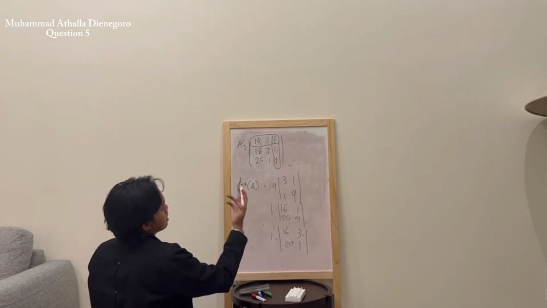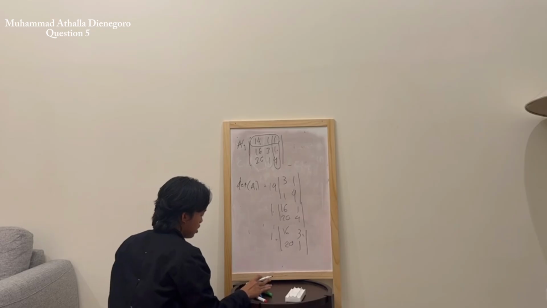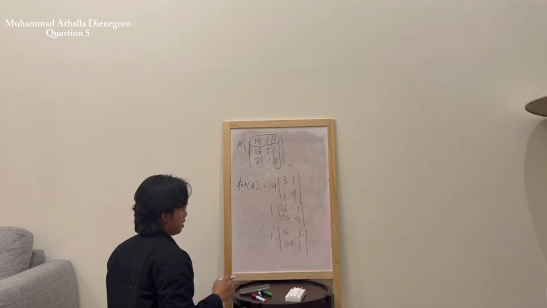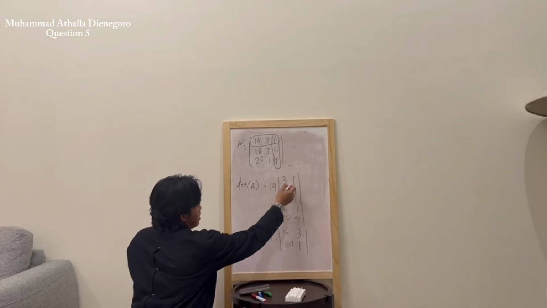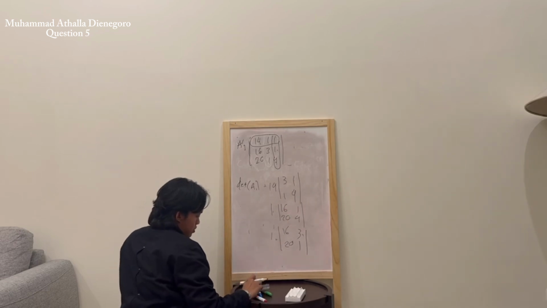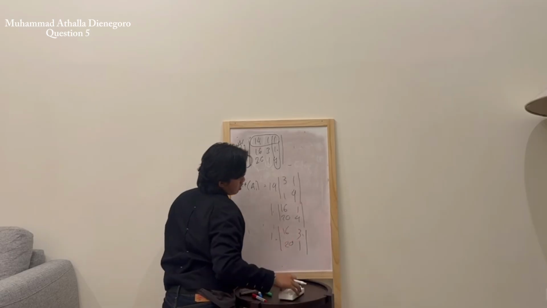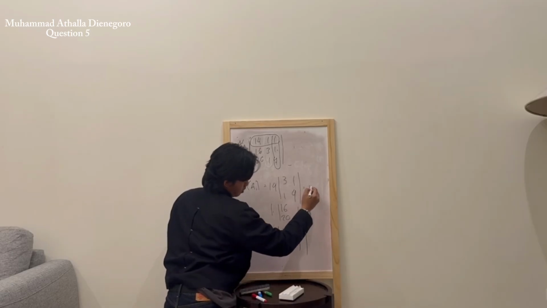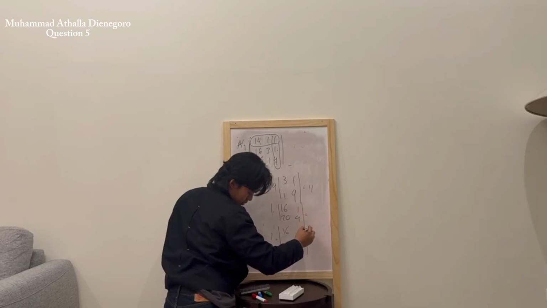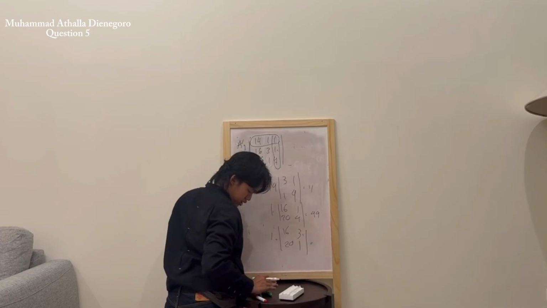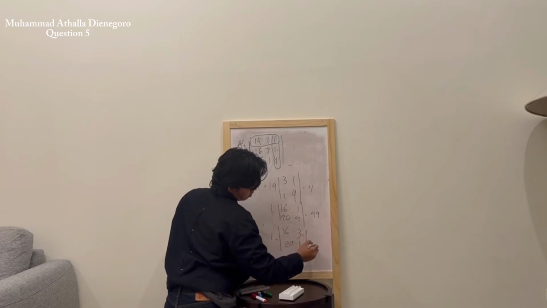We have this data, so we have to calculate it. Same as the first one, we multiply and then subtract. So the result here is 11, and then 44, and then the last one is minus 44.